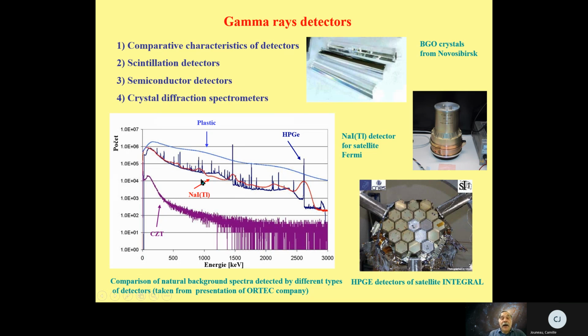The best are scintillation detectors based on heavier elements, which are much better because, if you remember, the increase of the photo effect cross-section goes with Z to the power of 5.